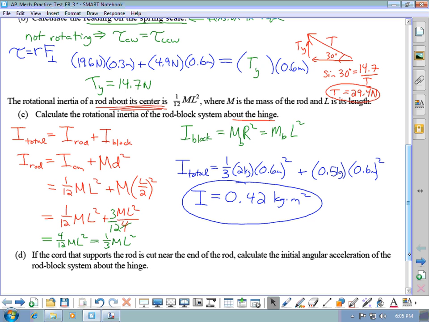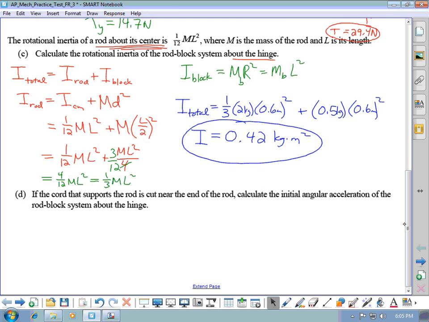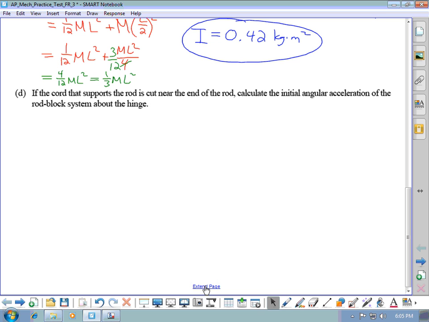Part D. If the cord that supports the rod is cut near the end of the rod, calculate the initial angular acceleration of the rod block system about the hinge. So here's our hinge. We still have this weight of 19.6 newtons.